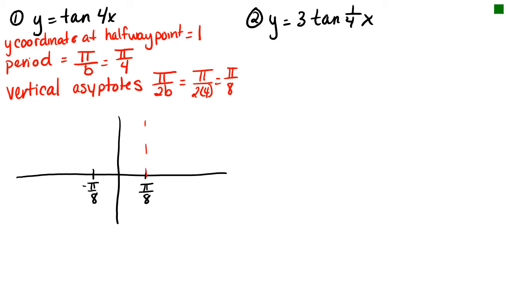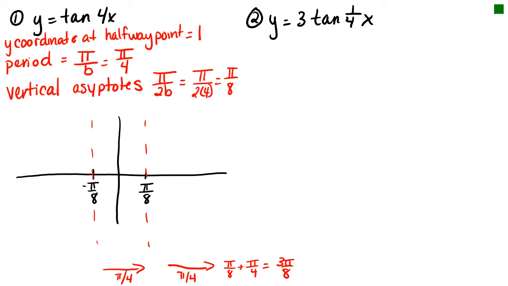I'm going to draw in those asymptotes. That's one period. We want to go one period on either end, so we're going to add pi fourths to that. Notice the distance between here and here is pi fourths. That's how long the period is. So I'm going to go another pi fourths. 1/8 plus 1/4 is 1/8 plus 2/8, which is 3/8. So that's where I'm going to have another asymptote.